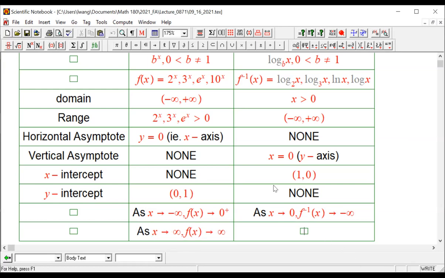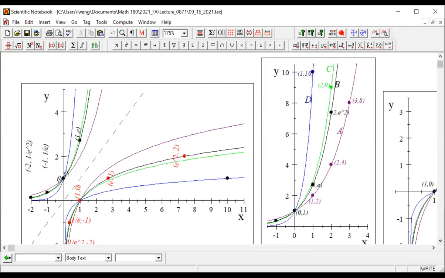So I'm just going to copy and paste and change this to inverse. These are the two families of very important functions, and these two families are very much related. And so all these concepts, one-to-one function, increasing function, decreasing function, get to be used.